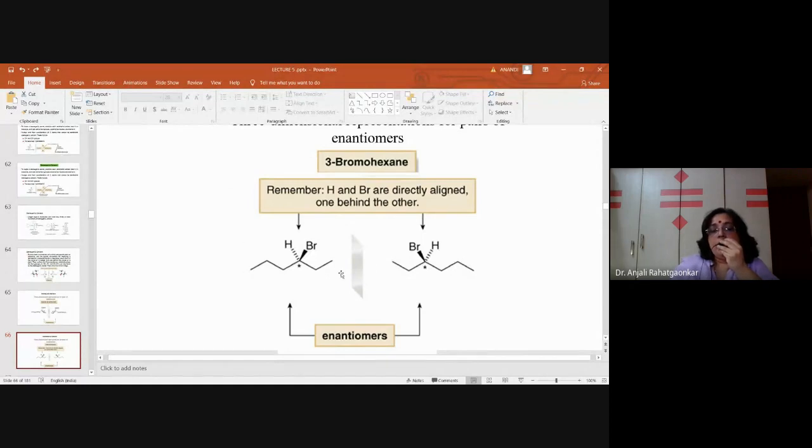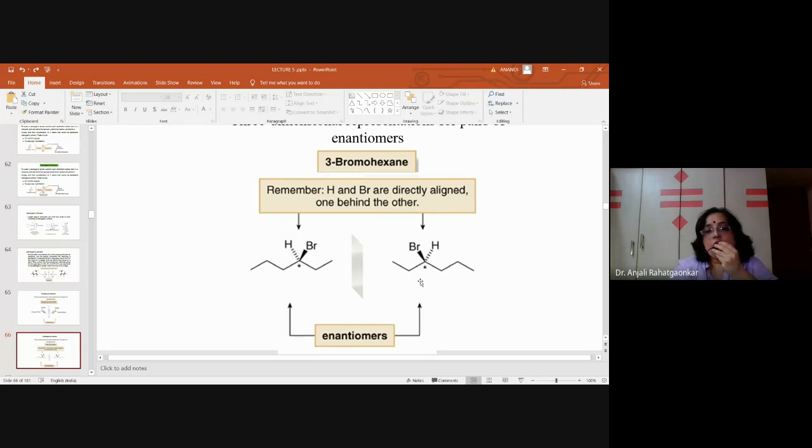The next is 3-bromohexane. Now if I draw two structures of 3-bromohexane, and again my question is to correlate these two structures with each other, the answer is they are enantiomers. How can I say that? Just check whether the other structure is a mirror image. If it is a mirror image, then go for the second criterion, that the mirror images should be non-superimposable.